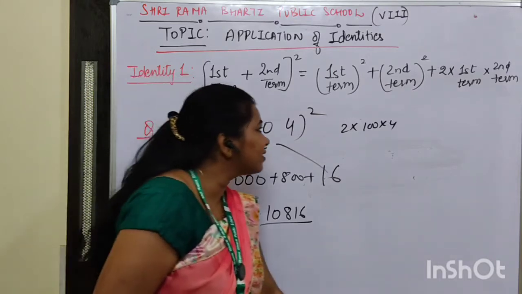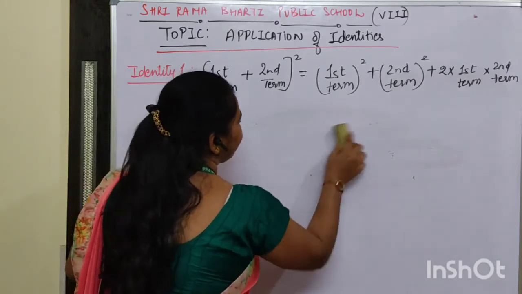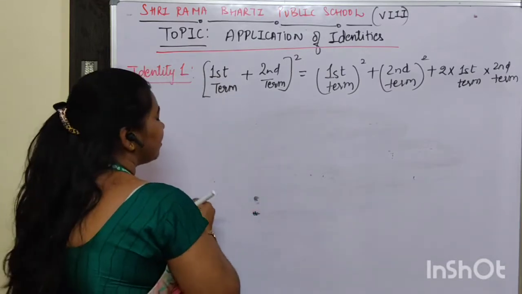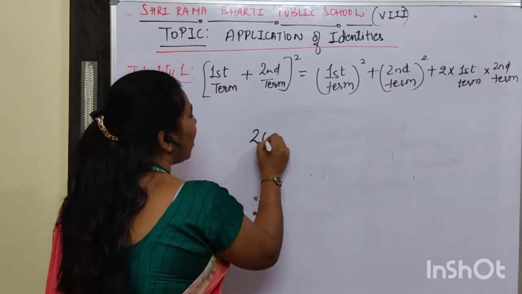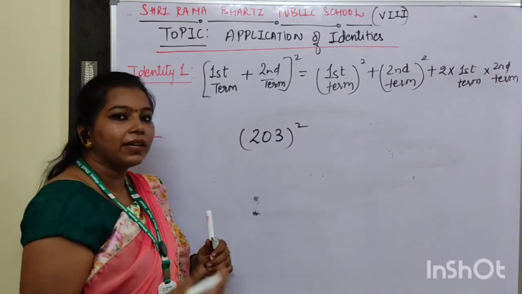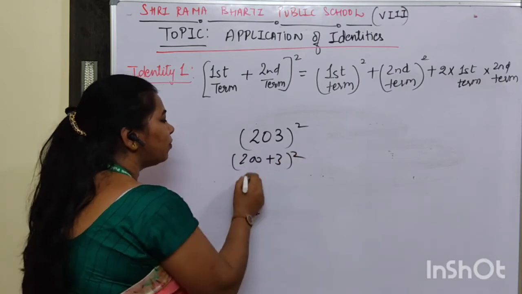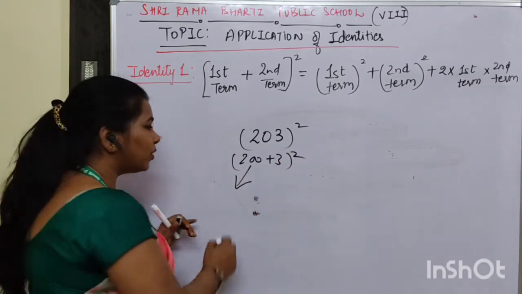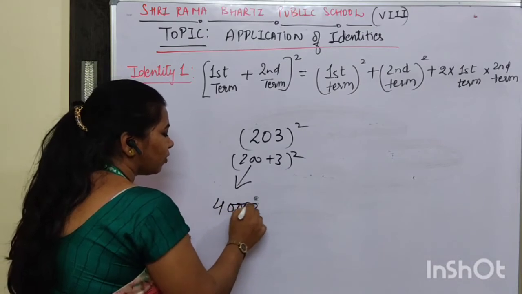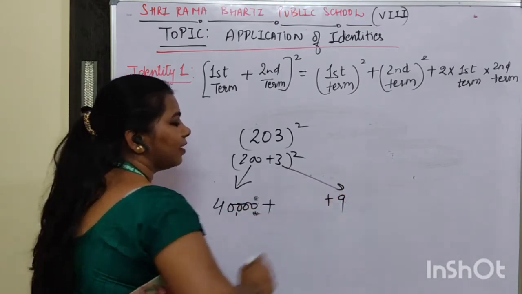Let me show you one more example. Let's suppose the number is 203 square. Again we will break down the number into 2 parts: 200 plus 3. So 200 square is 40,000, then 3 square is 9.